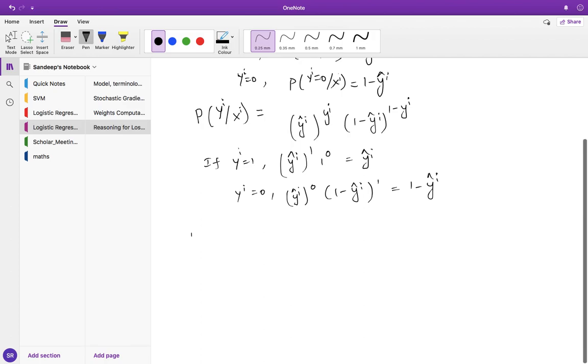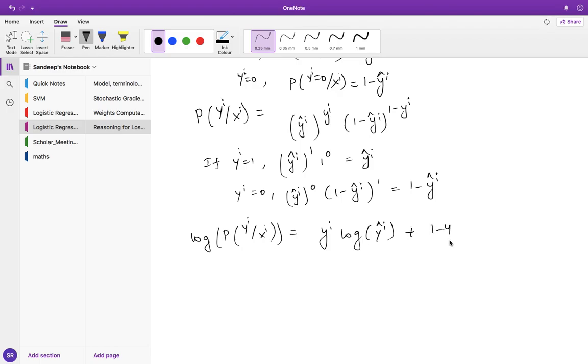So log of probability of yi given xi is equal to yi log of yi cap plus 1 minus yi log of 1 minus yi cap. So this is what we got.